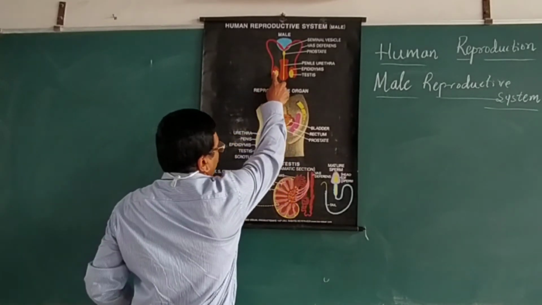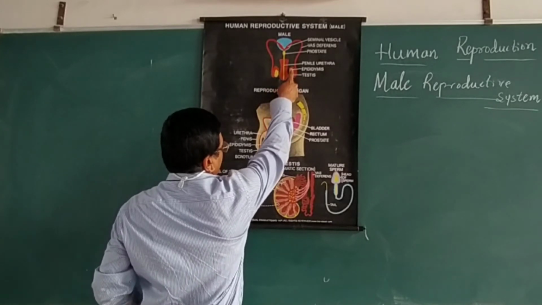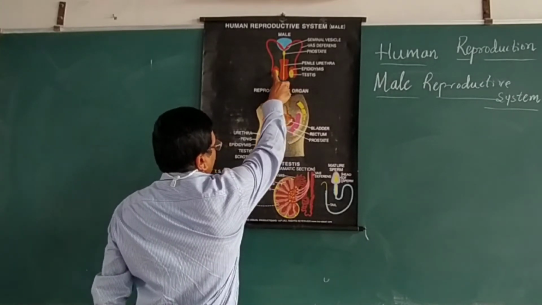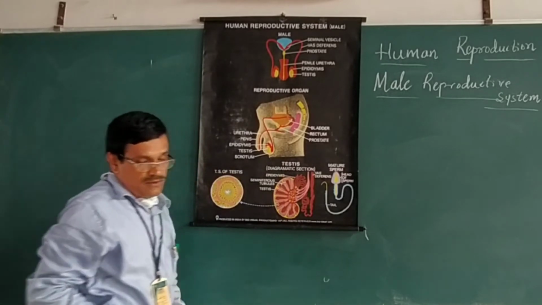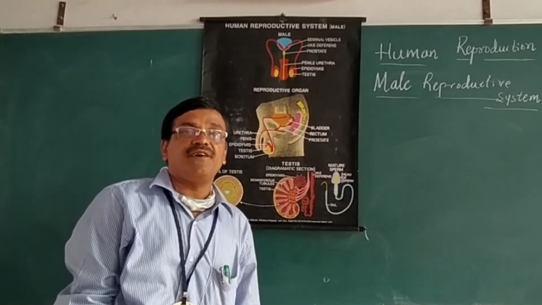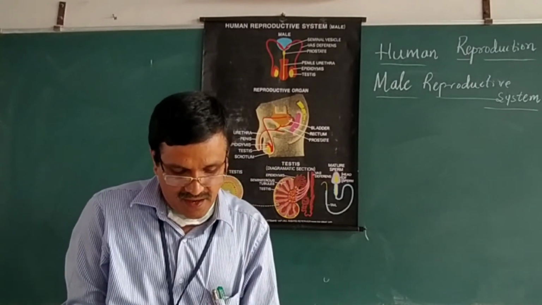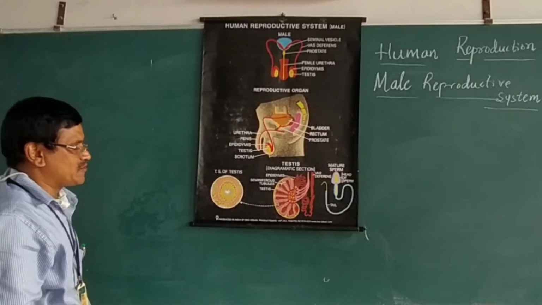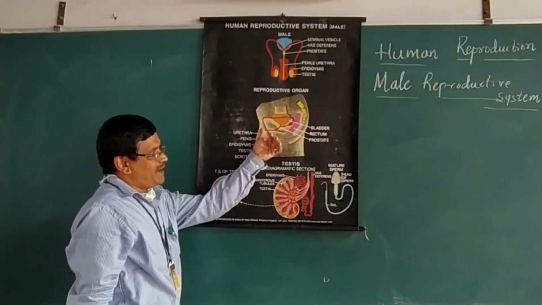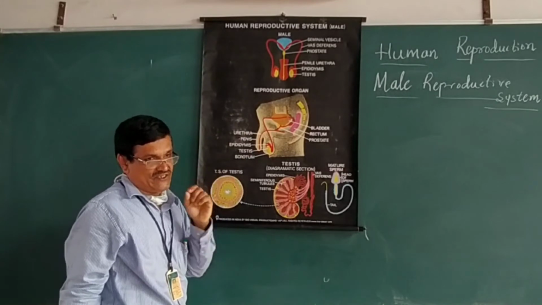So these are the pair of testes. One testis here, another here, and the seminiferous tubules present in the testicular lobules will continue as rete testis.